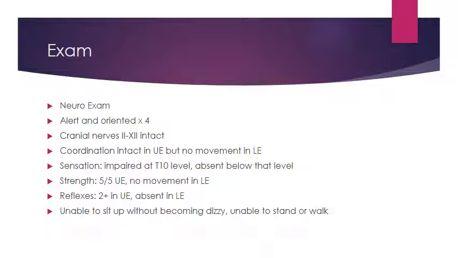He has reflexes in the upper extremities, but none in the lowers, and right now he can't sit up without becoming dizzy. And he obviously cannot stand or walk with no movement in the lower extremities. He seems to not have had a TBI. There's no report that he ever lost consciousness, and now he's very appropriate in the ER.